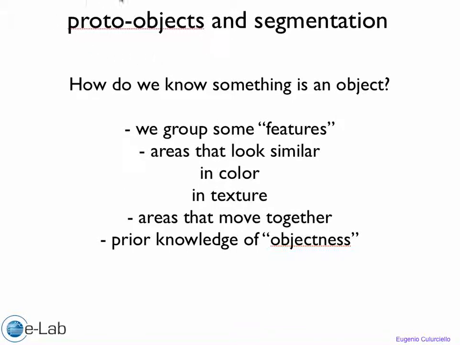If you want to find the proto-object, even if you have no idea what could be a tree or not, but you want to group things together, you might be able to group similar features, areas that look similar either in color and texture, or areas that move together, and you definitely might need prior knowledge of objectness, or what's a complete object, if you really want to segment the full object together.